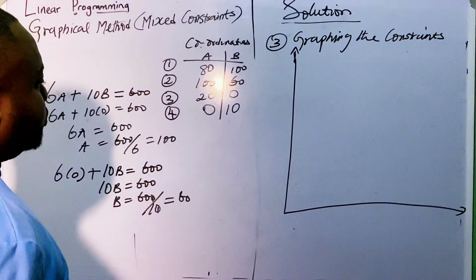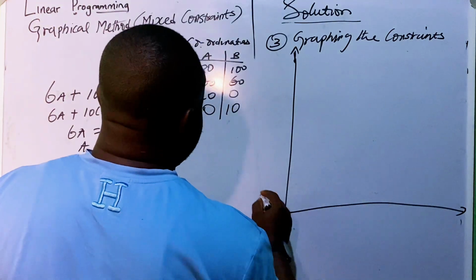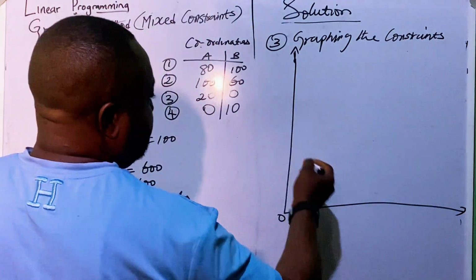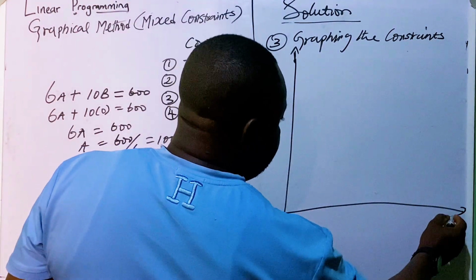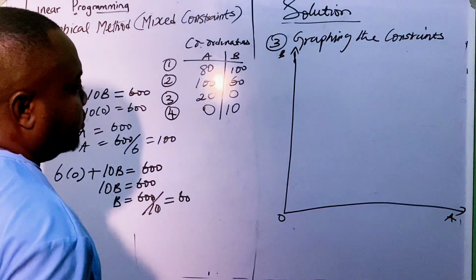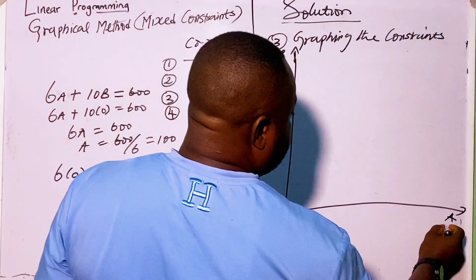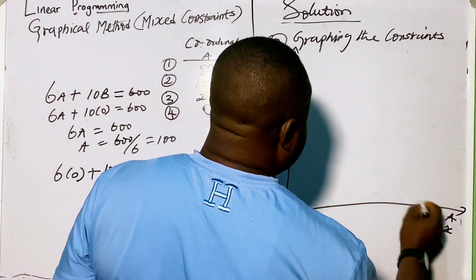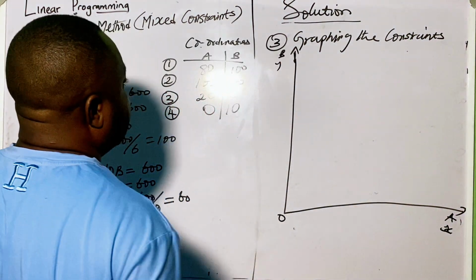So this is 0, this is my x, of course this is my A, this is my B, that's my x, this is my y.